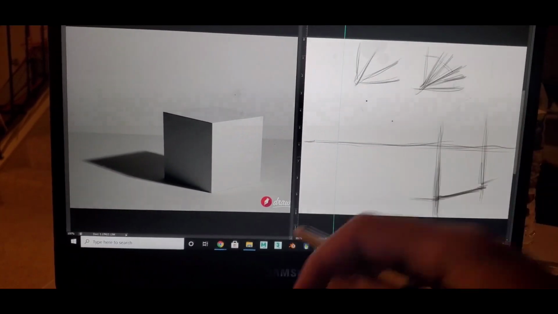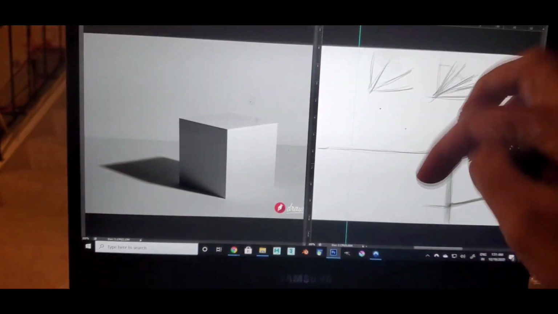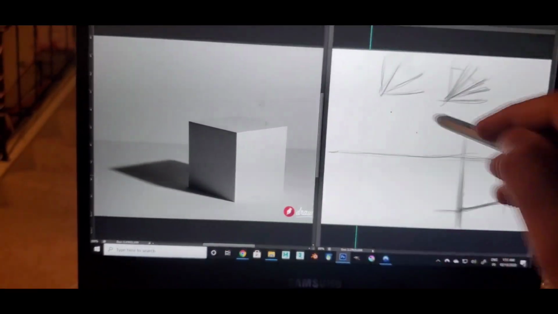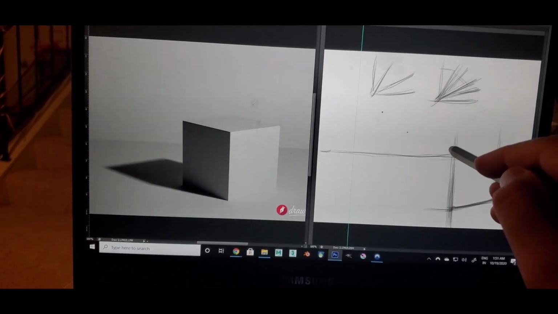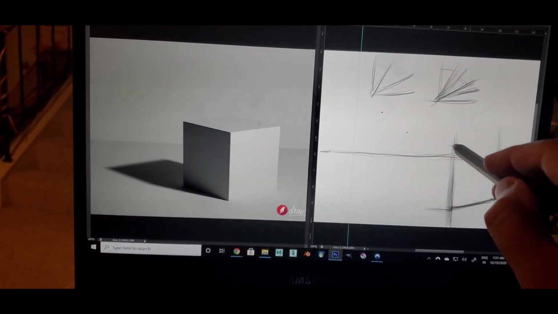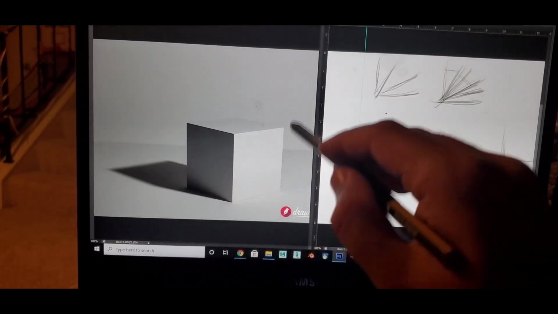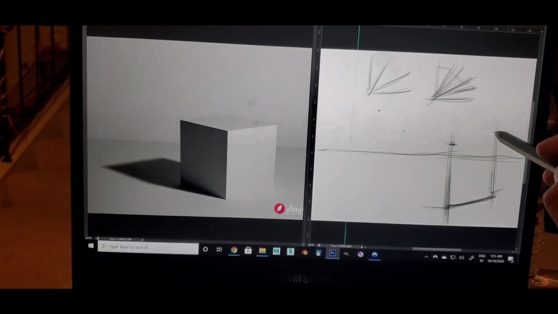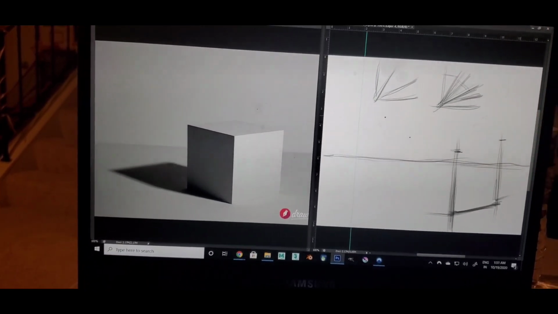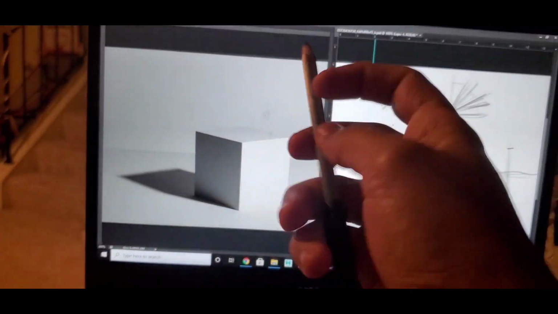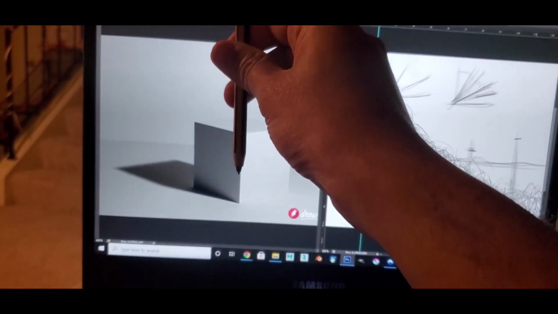Now similarly, I will try and mark this point over here, this center point over here. Similarly, I will try and mark this point over here. And then I will cross check my distance by using this tip over here.